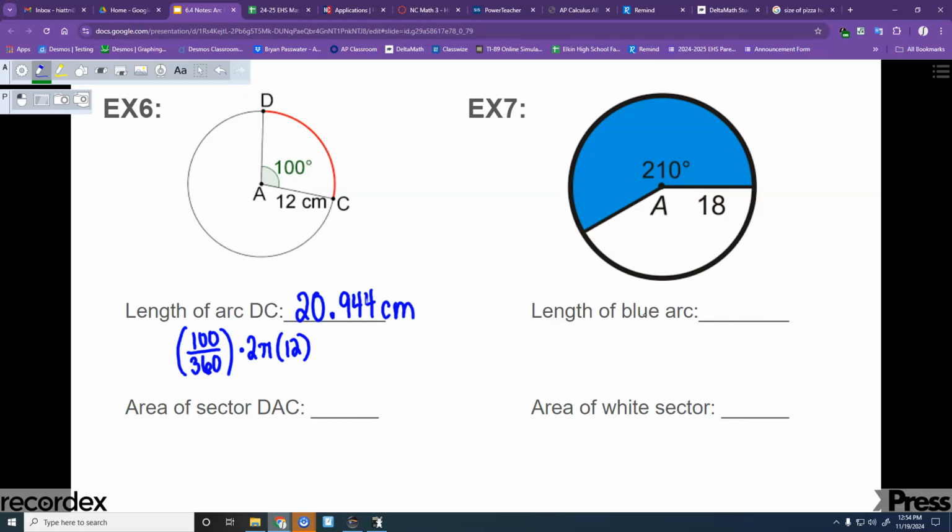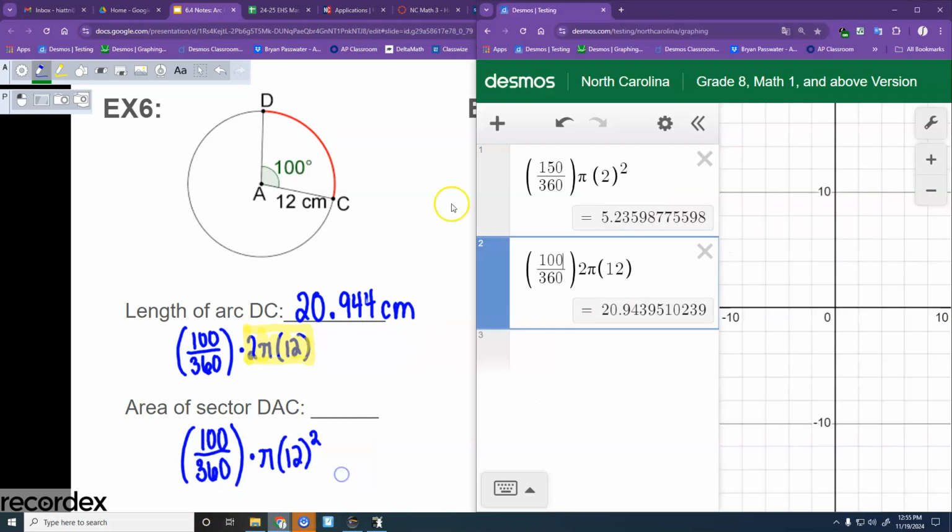The area of the sector is very similar, but instead of taking that fraction of the circumference, we want to use the fraction of the area. So we would have 100 over 360 times pi times the radius squared there. And so all we have to do is type that into Desmos over here.